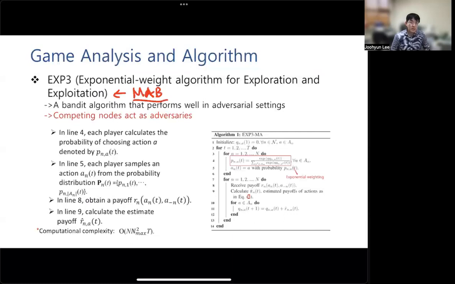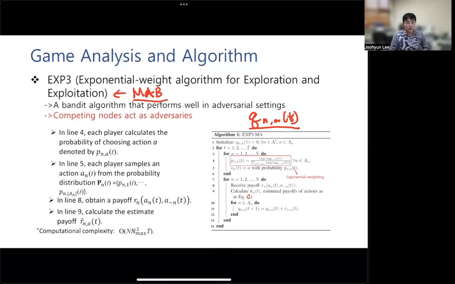And because this multi-agent setting is an adversarial setting in multi-armed bandits, it is well known that the bandit algorithm that performs well in adversarial settings is EXP3. So we take this EXP3 algorithm as our algorithm.